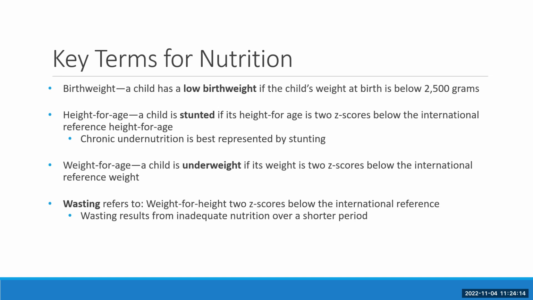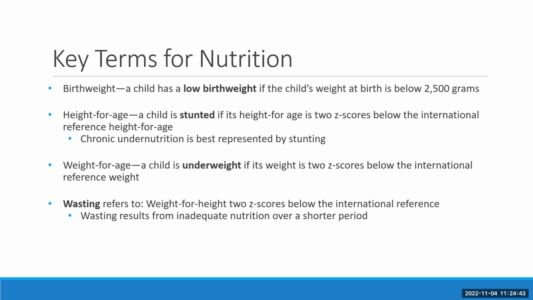But basically, what's important to know is that being stunted is a condition that happens from being chronically undernourished. So children who over the long term are affected by malnutrition are going to be shorter than what is expected for their age because of that long-term effect.